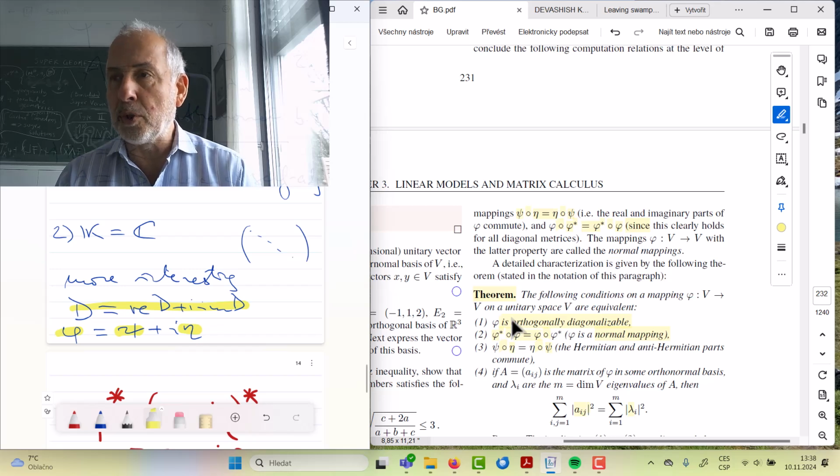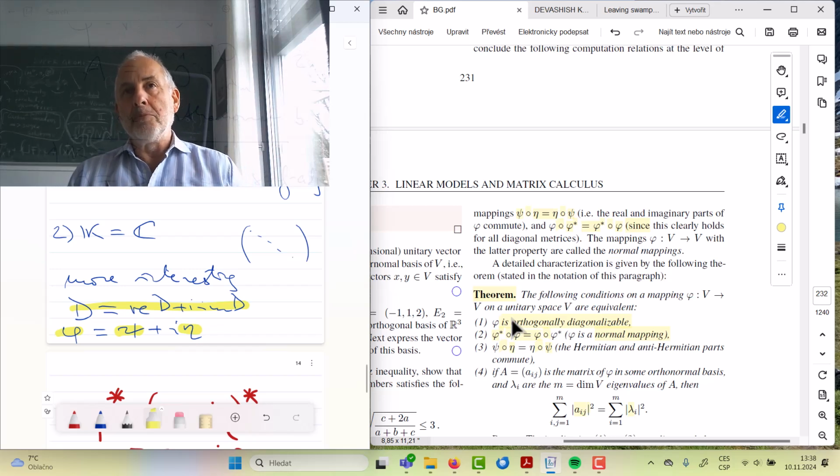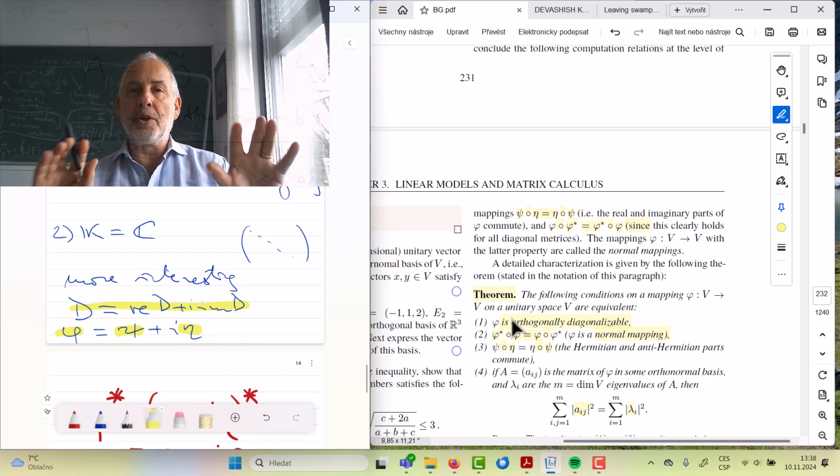And this corresponds also to the fact, which you can intuitively imagine and it's not difficult to prove, that two different linear mappings share their eigenvector spaces if and only if they commute.